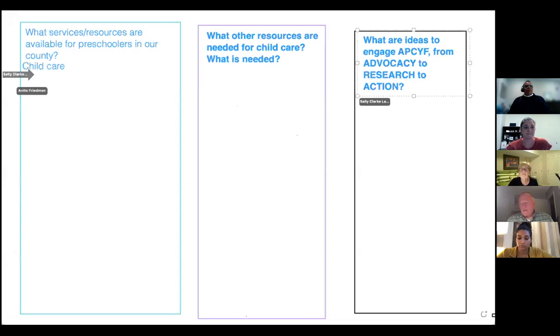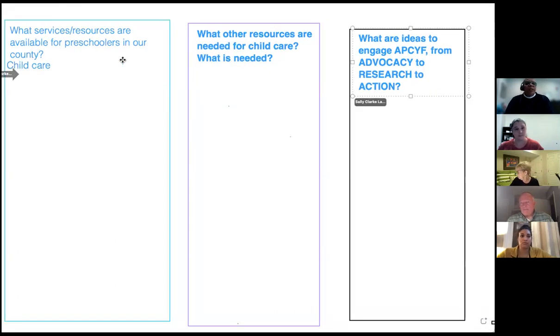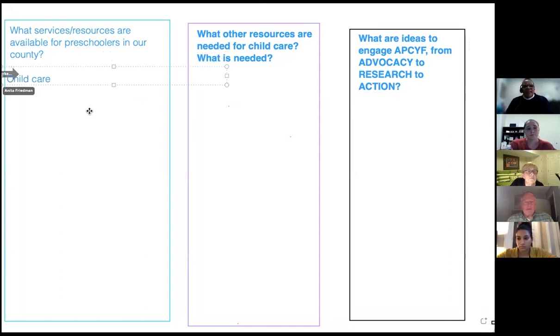So once again, I'll just read them out. What services, resources are available for preschoolers in our county? We've got childcare already listed. What other resources are needed for childcare? What is needed? As you think through that, whether it's physical location, funding, staff, things like that.